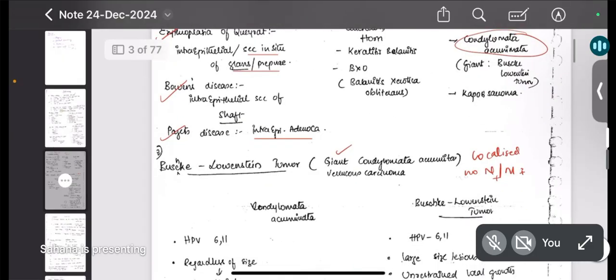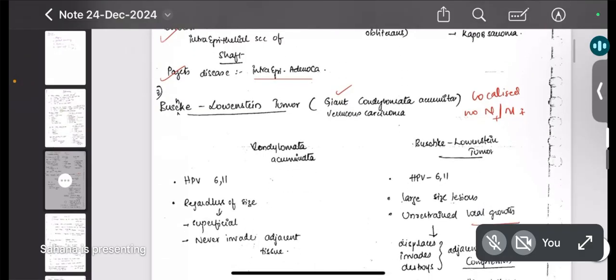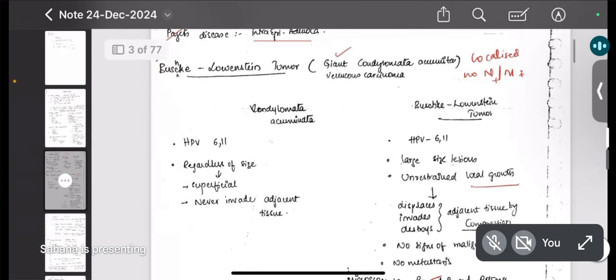Then Buschke-Lowenstein tumor, also called giant condylomata acuminata or verrucous carcinoma. It's a very localized disease without predilection for nodal or distant metastasis, associated with low risk HPV 6 and 11. It is very superficial and does not invade the adjacent tissue.